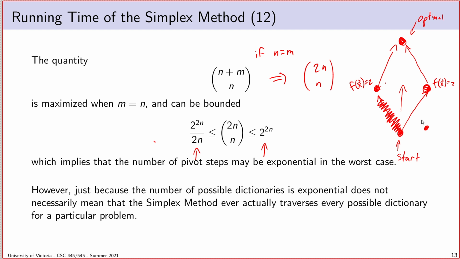The only time that the objective value stays the same between iterations is during a degenerate pivot. And a degenerate pivot involves standing still at one vertex. It doesn't involve going to a different vertex with the same objective value.